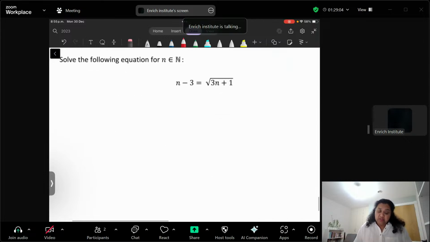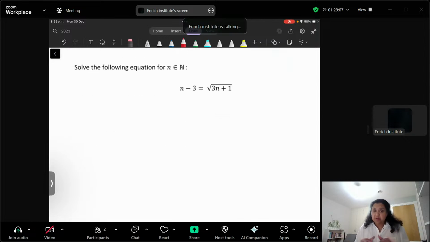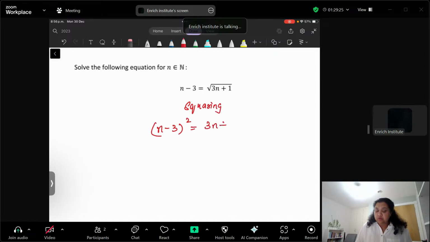Another question. I'm neglecting some of the questions because I'm running short of time. n minus 3 is equal to root of 3n plus 1. What is the first thing you should remember whenever you see a square root? You have to square it. So squaring both sides, (n minus 3) the whole square is equal to 3n plus 1.